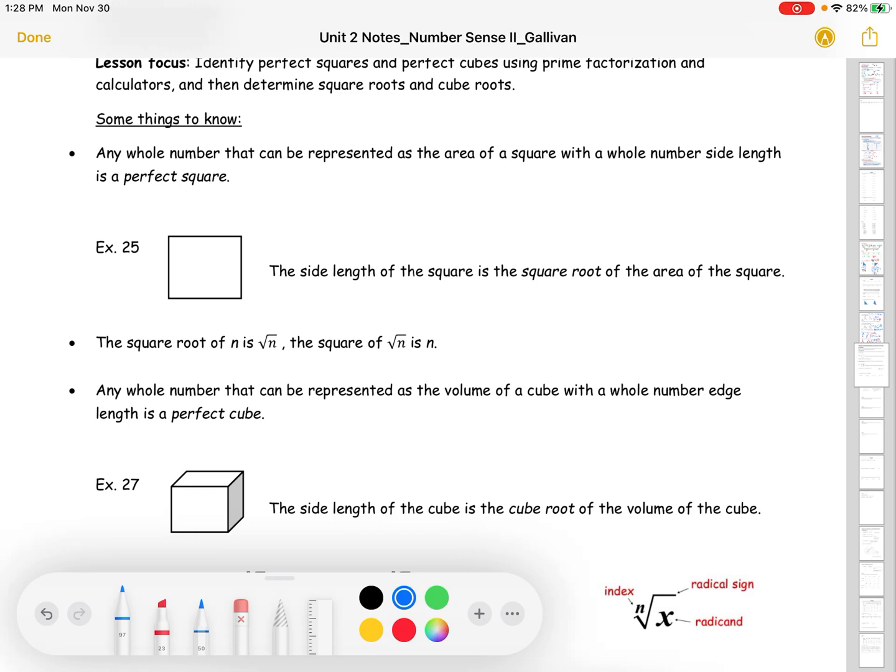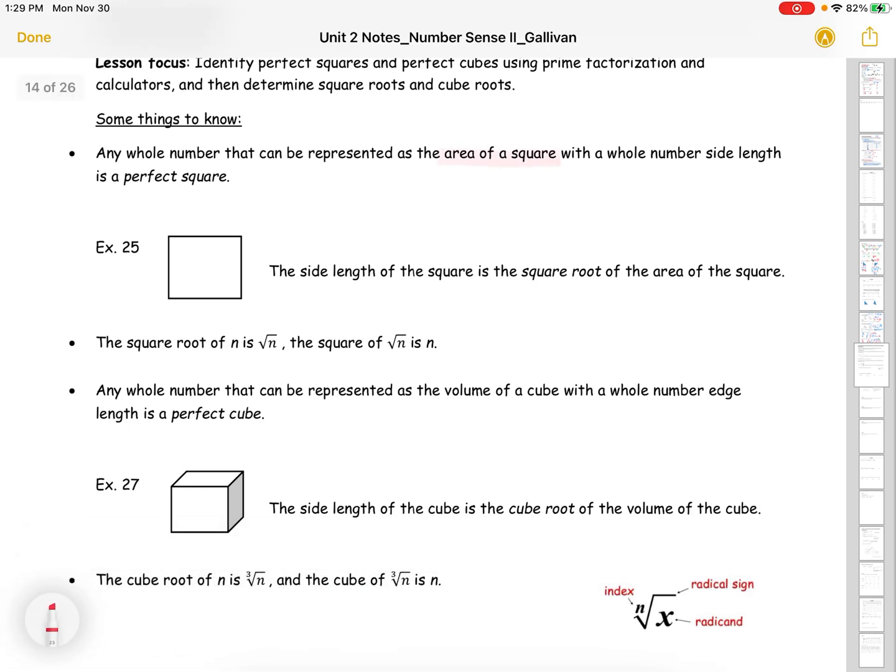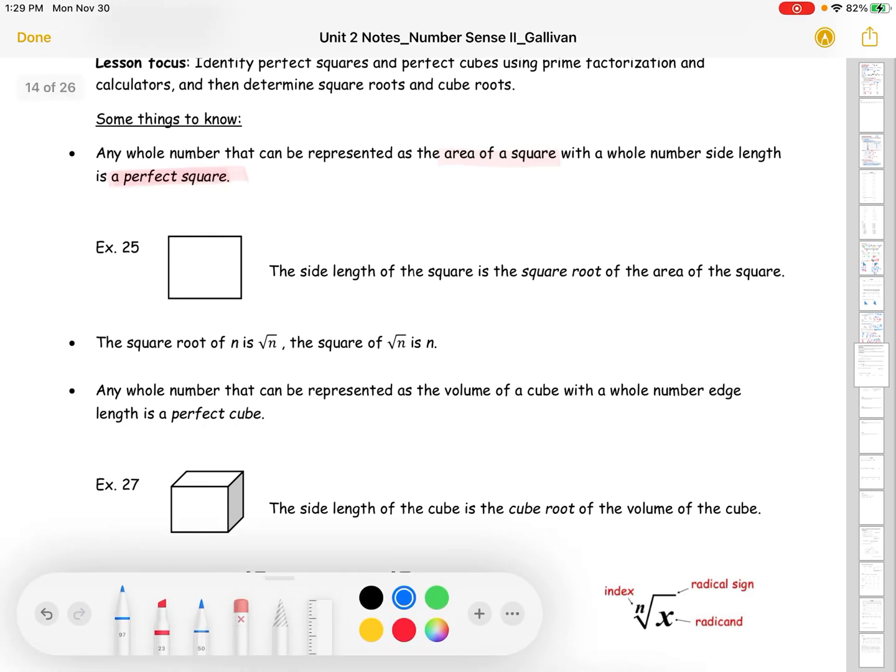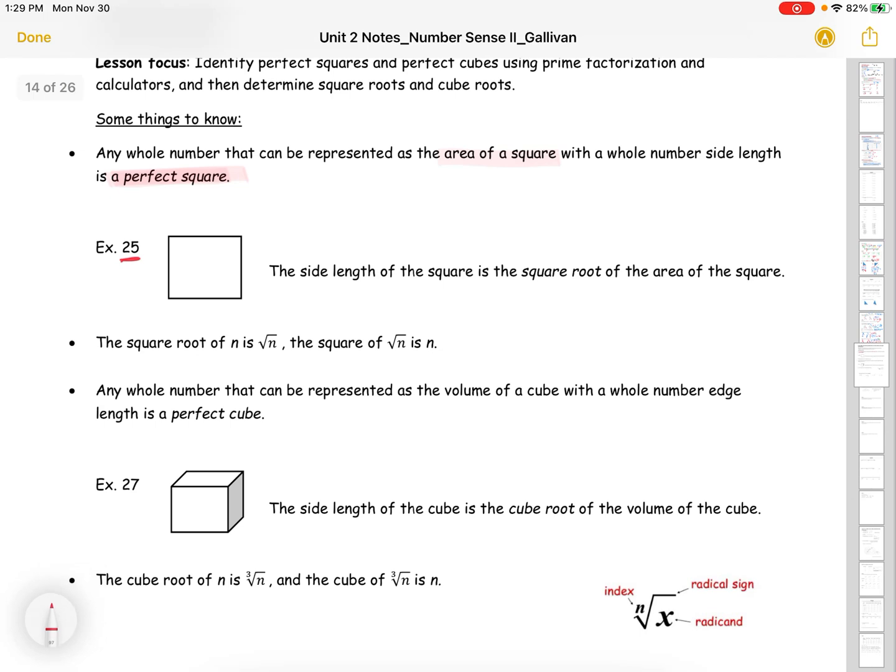Any whole number that can be represented as the area of a square with a whole number side length is a perfect square. So for example, if I have 25, the side length of the square is going to be the square root of the area of the square.